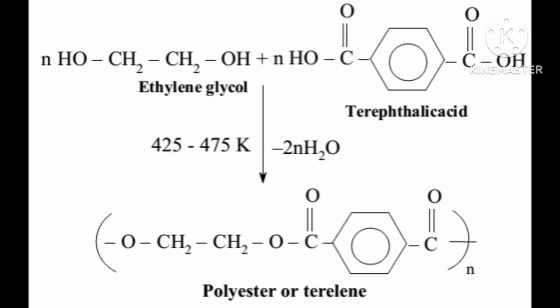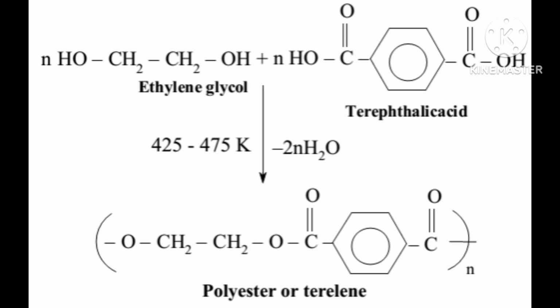Condensation polymerization, or the other name is step growth polymerization. Already I have given the background for this condensation polymerization, also called step growth polymerization. And here what will happen?